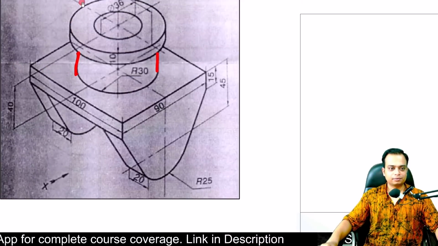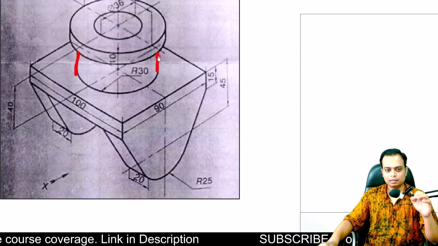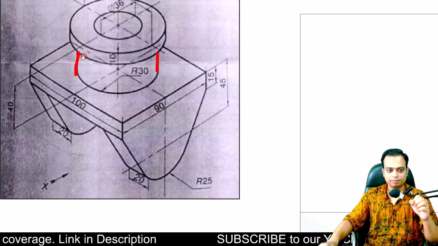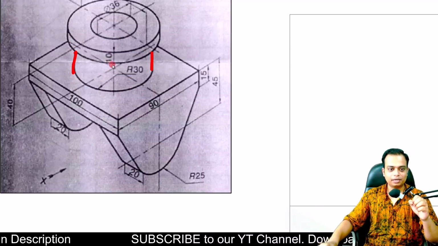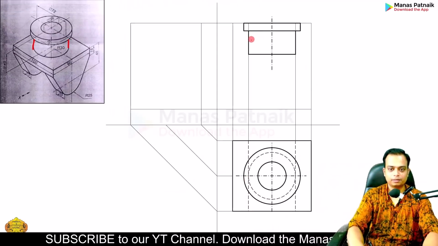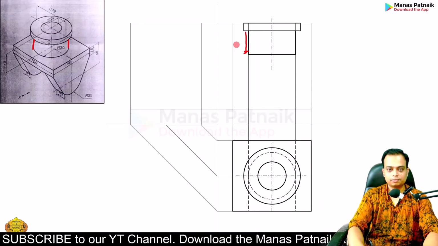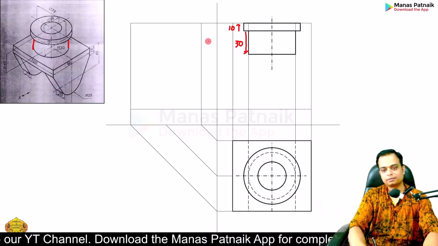Right now we made this. This is having a radius of 30, but how much is this height? So 40 minus 10 will give you 30. This distance is 30, please note, and this distance is 10.